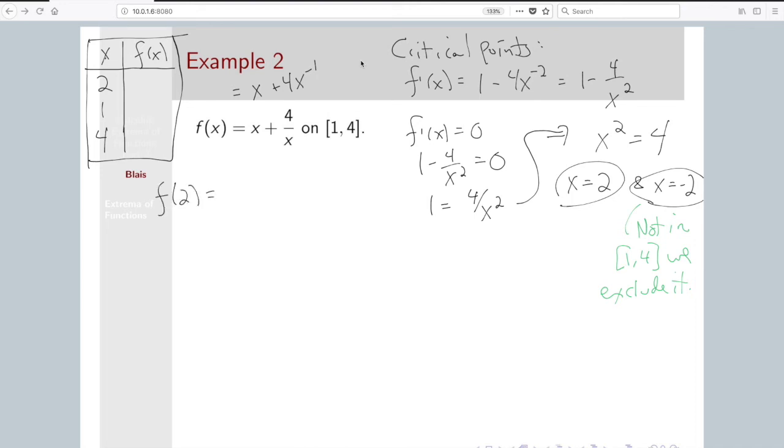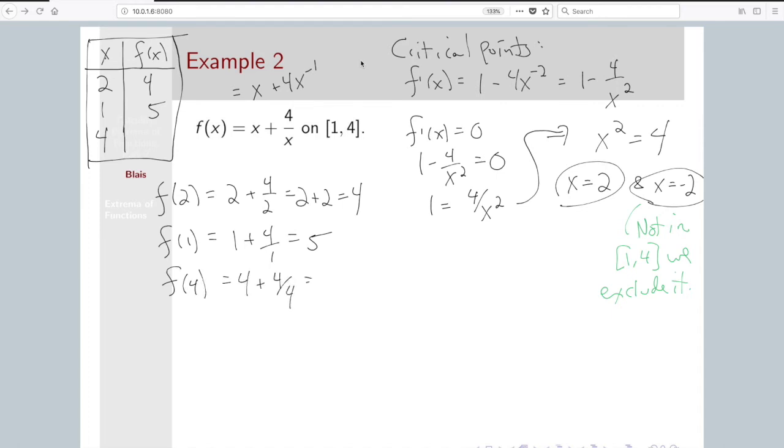f of 2 is 2 plus 4 over 2, or 2 plus 2, or 4. f of 1 is 1 plus 4 over 1, or 5. And f of 4 is 4 plus 4 over 4, also 5.